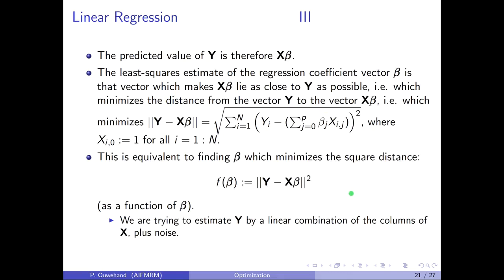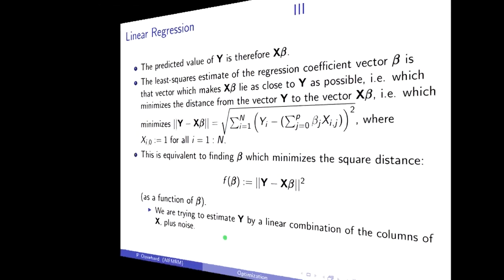Observe that when we're trying to write y as x times beta, what we're actually trying to do is write y as a linear combination of the columns of the matrix x. That's because if A is a matrix and x is a vector, then A times x is a linear combination of the columns of A with coefficients the entries in the vector x.